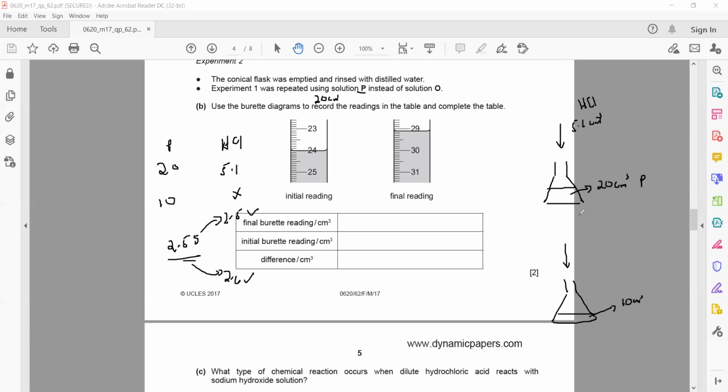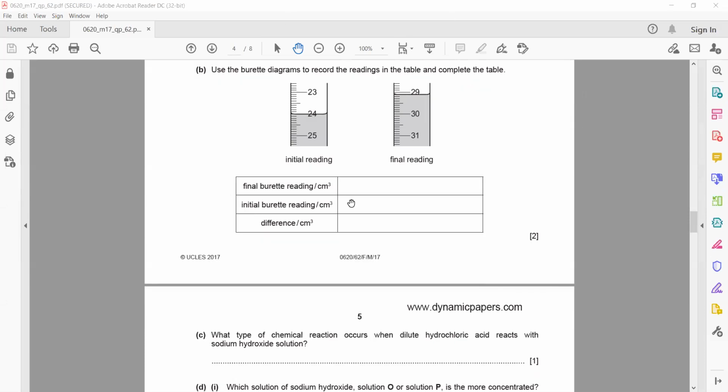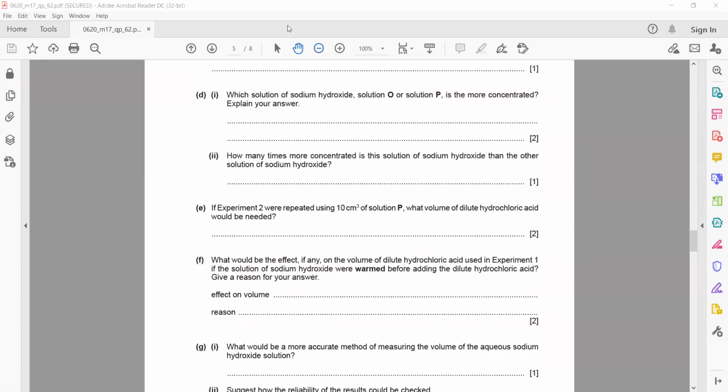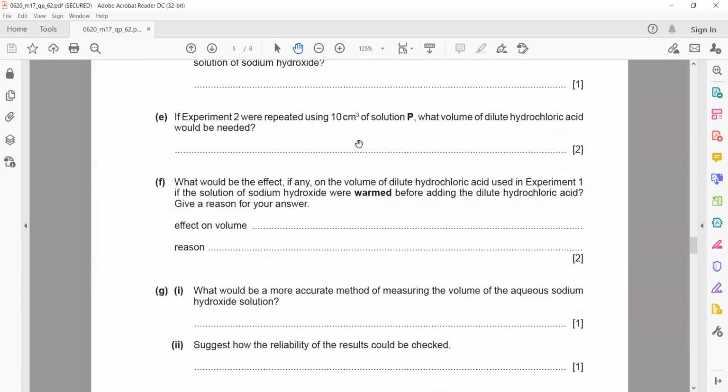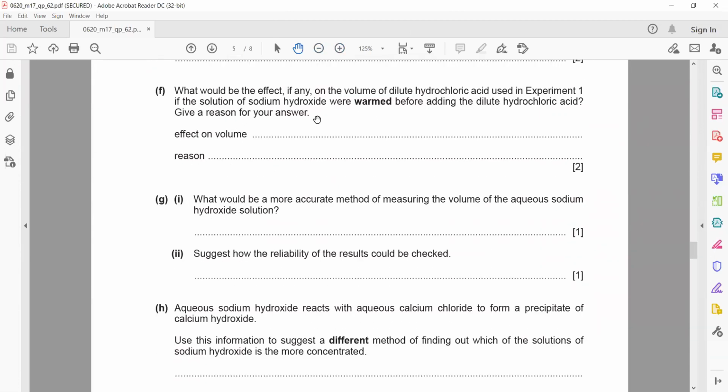The next part: what would be the effect, if any, on the volume of dilute hydrochloric acid in experiment 1 if a solution of sodium hydroxide were warmed before adding to hydrochloric acid? Is there any effect of temperature on the amount of acid needed?